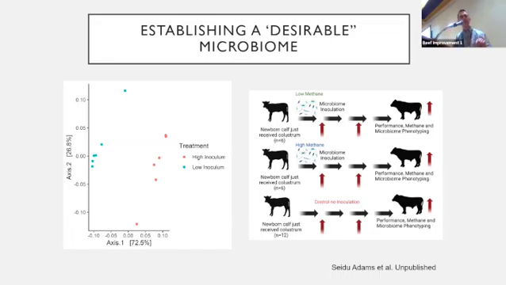So the idea is, and I know somebody's going to ask, how are you actually going to do this in practice on ranch? That's not the question right now. The question is, does this work? But the idea is that we can provide a desirable microbiome very early in that animal's life, such that that desirable microbiome not only persists through the animal's life, but also manifests in a change in phenotype that we want.